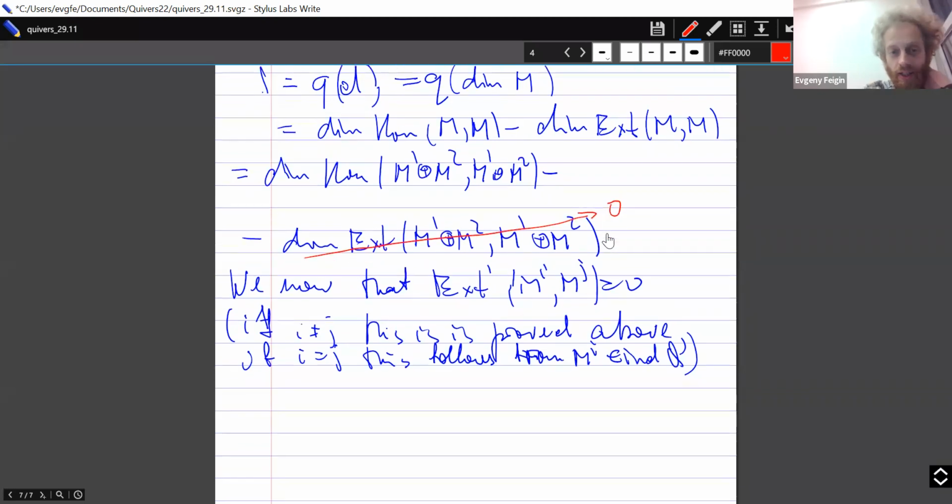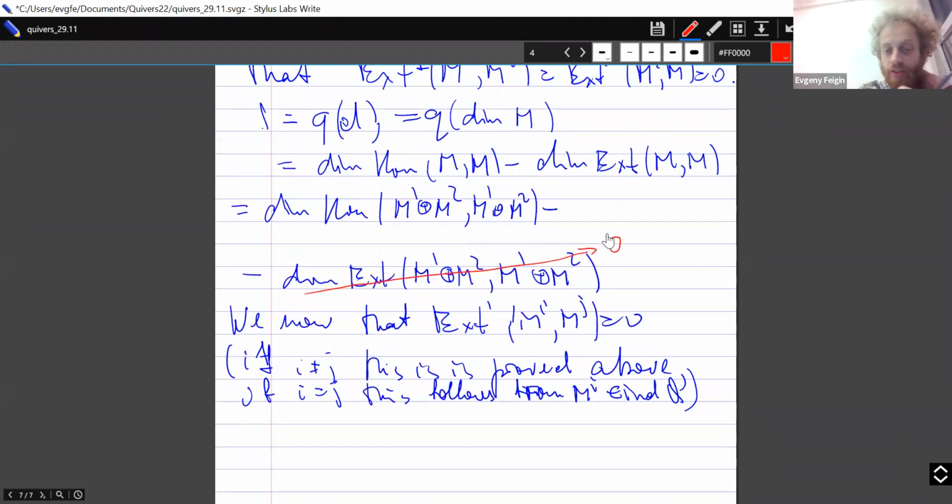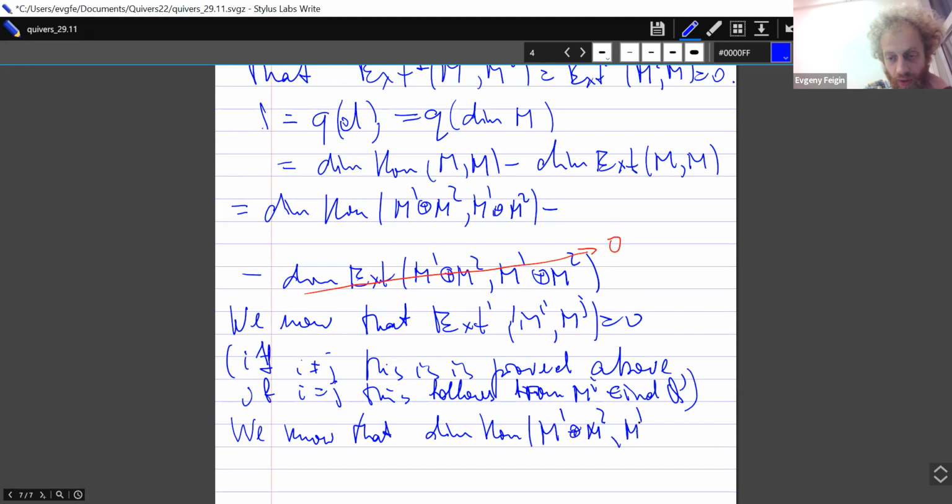Okay. And now what do we know about this Hom space, the dimension of Hom(M1 plus M2, M1 plus M2)? So what do we know about this dimension? This is at least the sum of the dimensions of Hom between M1 and M1, M2 and M2, which are at least 1.